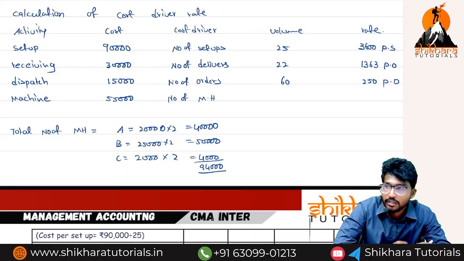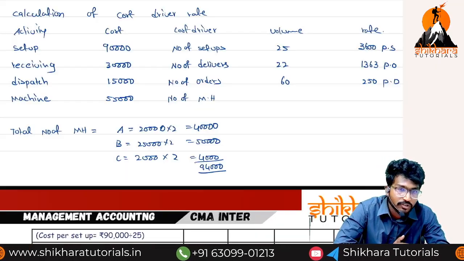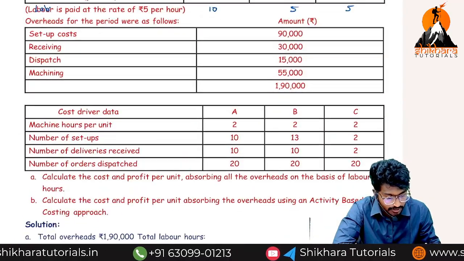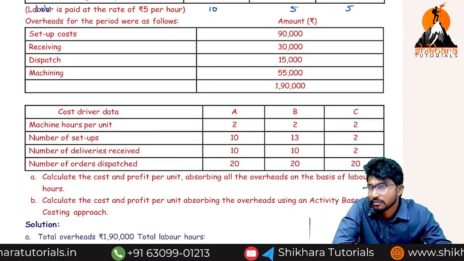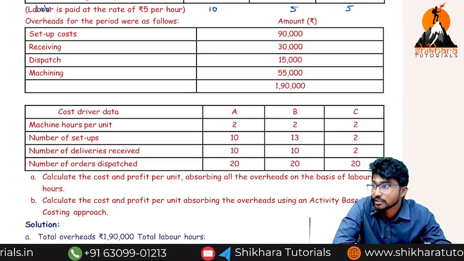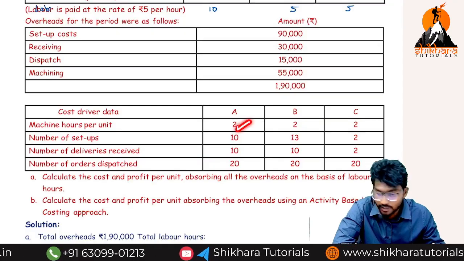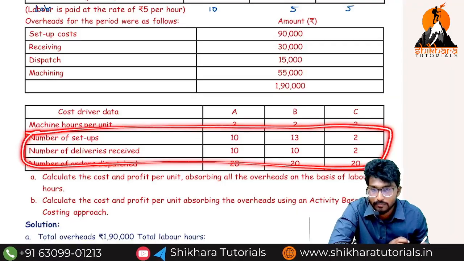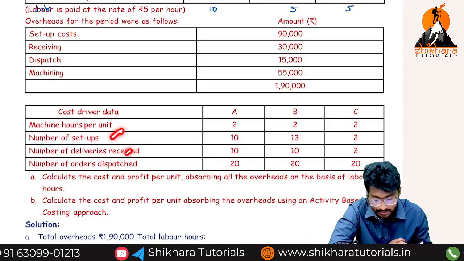Don't spread all 55,000 on an equal basis just because the machine hours per unit are equal for A, B, C. Always calculate on total basis, total volume. Here they have given per unit. This is given for total numbers: the setups, deliveries and dispatches.